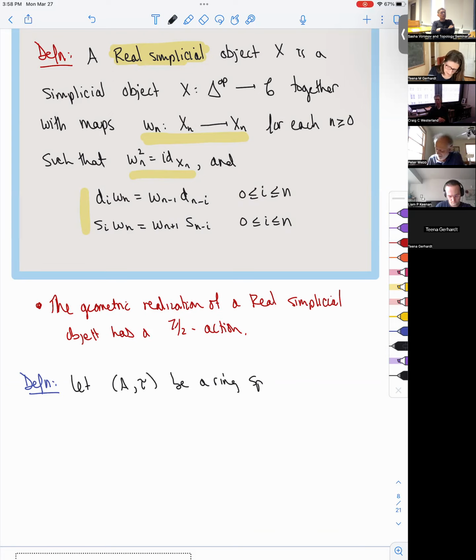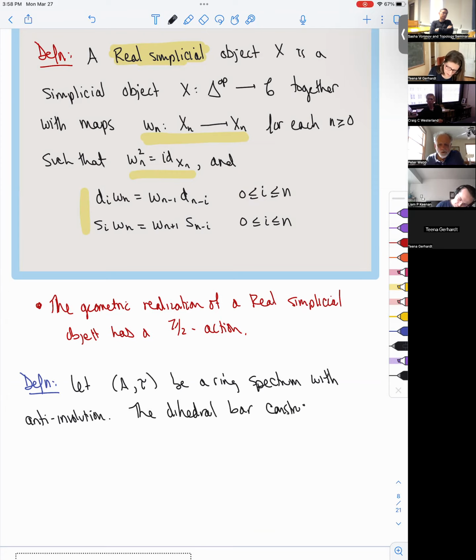So let (A, tau) be a ring spectrum with anti-involution. And I'm going to define the dihedral bar construction, which we usually write B^di(A).